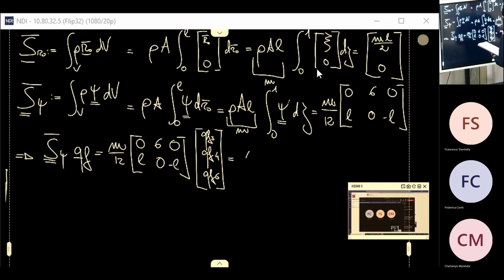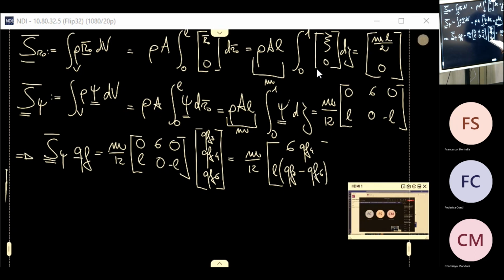And so this, quite straightforwardly, becomes 6QF4 times L QF3 minus, sorry, QF6. Okay, so this is the second part.